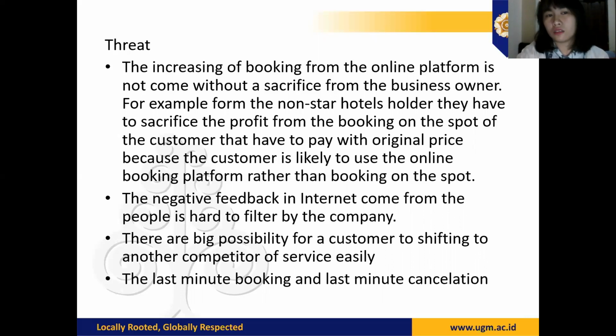Then it is a threat for the company. Negative feedback from people on the internet is hard for the company to filter, and there's another possibility that the customer can shift to another competitor very easily. And last minute booking and last minute cancellation are also a threat for companies such as Nextdoor Homestay.